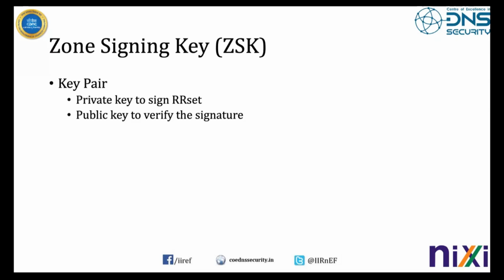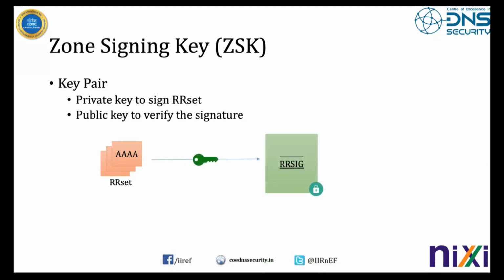The private key will be used to sign the RR set and the public key will be used to verify the signature. So suppose there is an RR set for AAAA for www.google.com. The private key will be used and the resource record which will come will be RRSIG, which is a resource record signature.